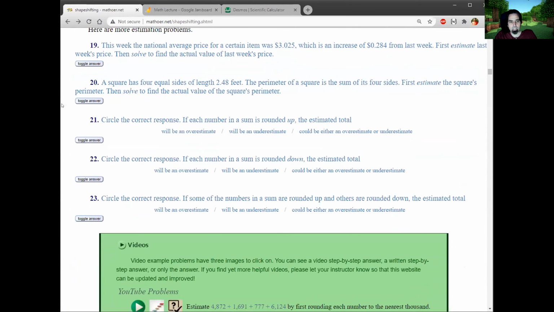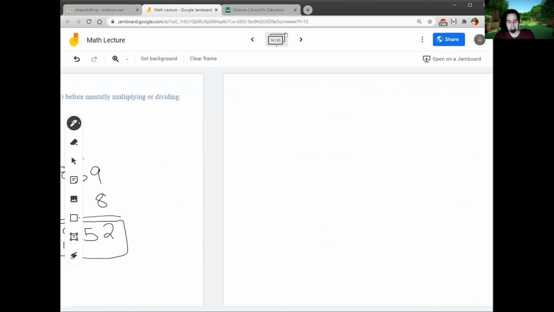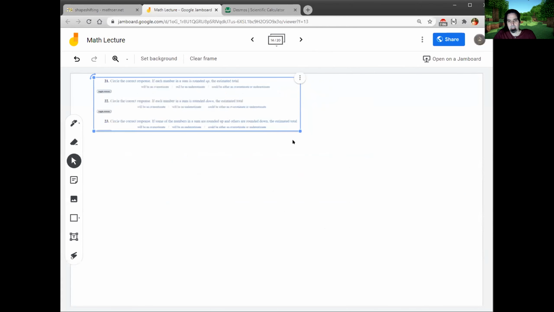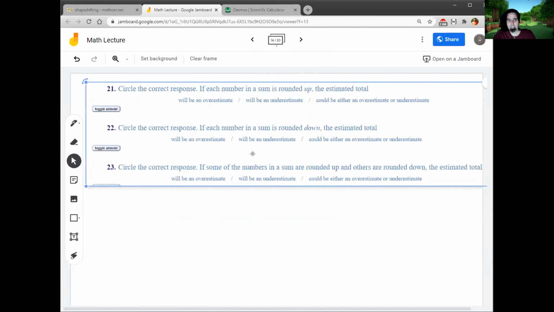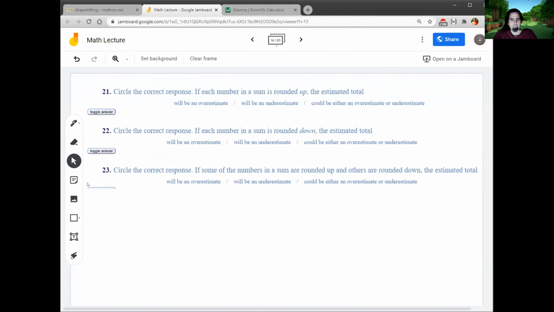Okay, let's do these before we're done. Some critical thinking. If we are adding up two numbers, sum is adding.